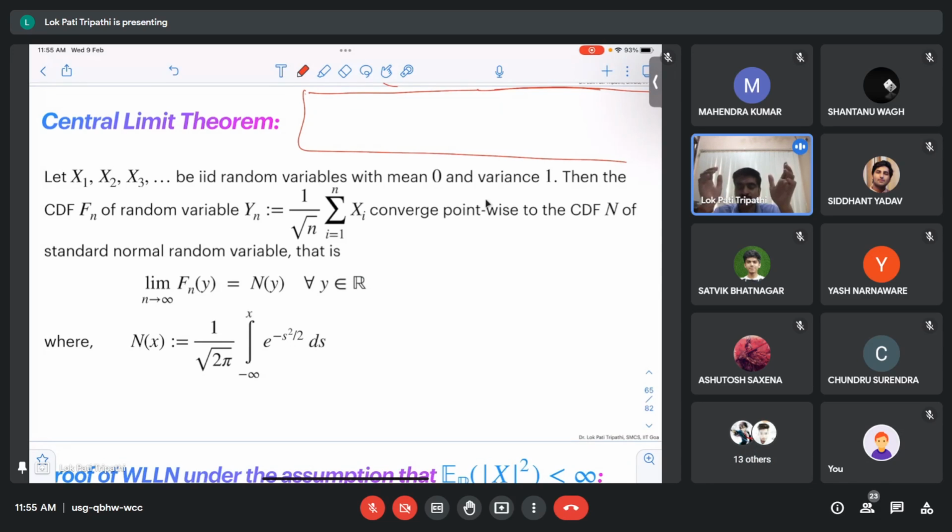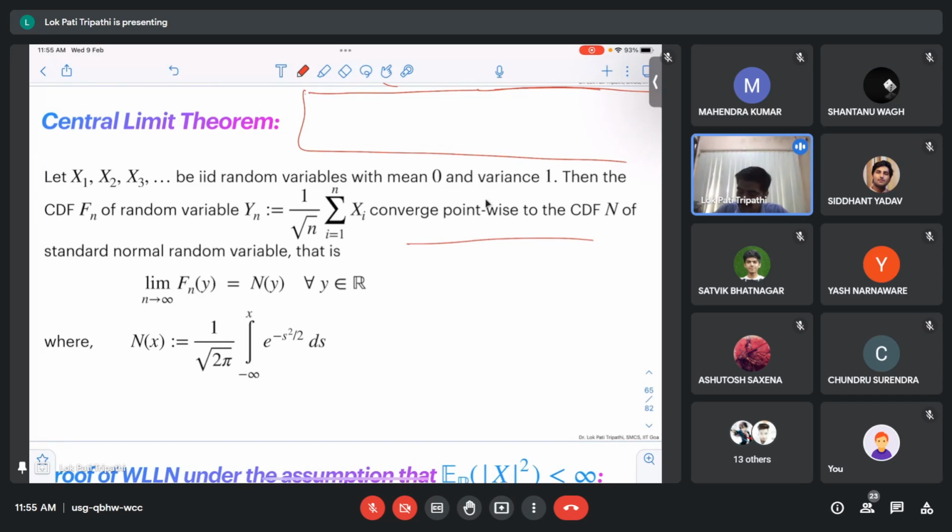Suppose you have a collection of independent and identically distributed random variables with mean 0 and variance 1. Of course, you can always standardize.